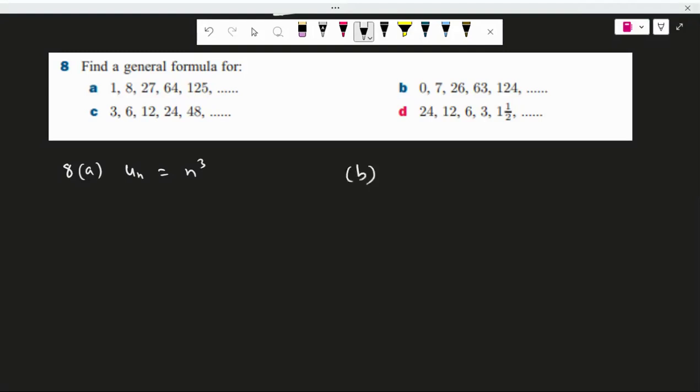B part. It will be n cubed minus 1. Yes, it is.